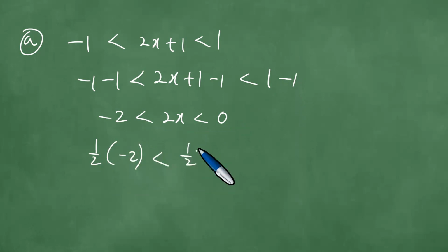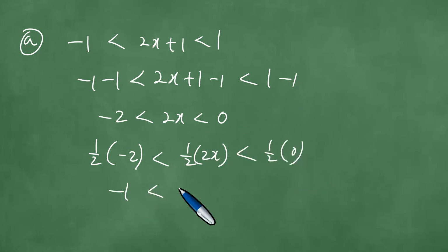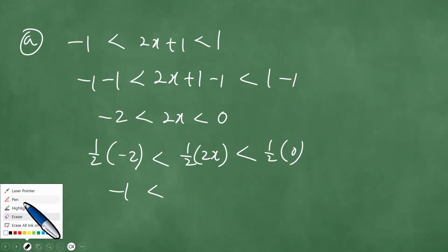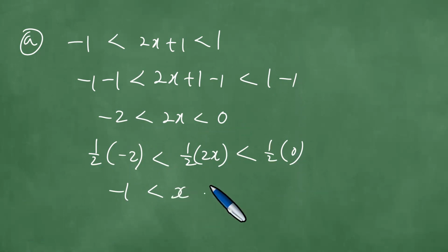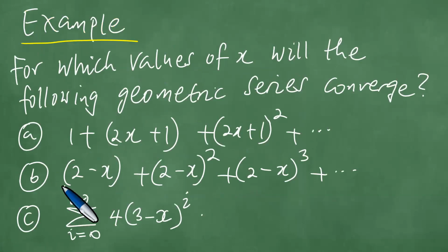To remove the 2, you multiply by 1/2 across. -1 is less than x, less than 0. And that's the answer. Next, these ones here will be your home activity, B and C.